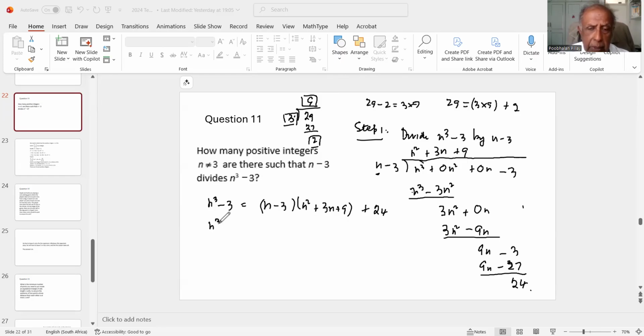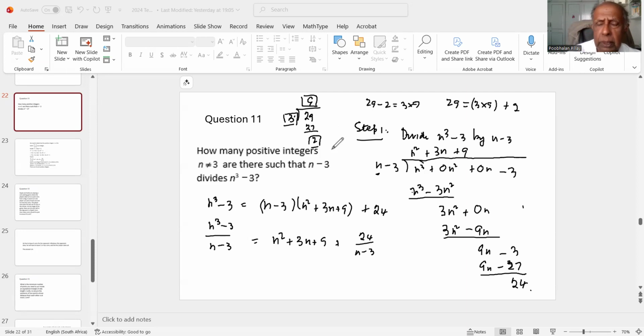So you get n cubed minus 3 over n minus 3. Right, we want to divide these two. Now when you divide this by n minus 3, you just get the quotient, n squared plus 3n plus 9. And here you have 24 over n minus 3. So I'm dividing every term by n minus 3.